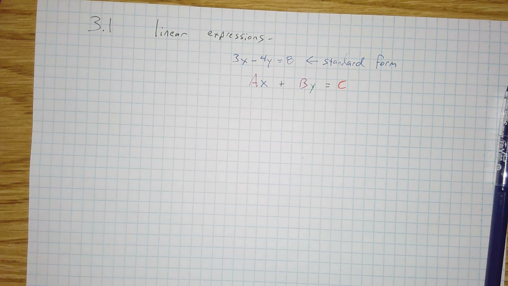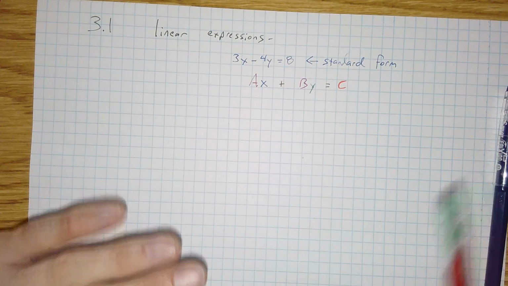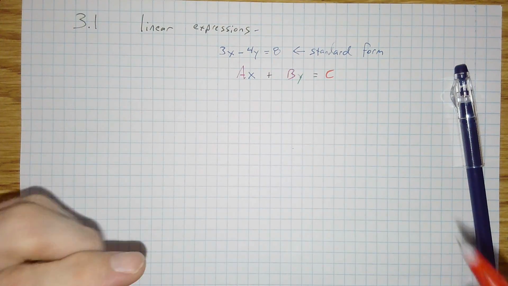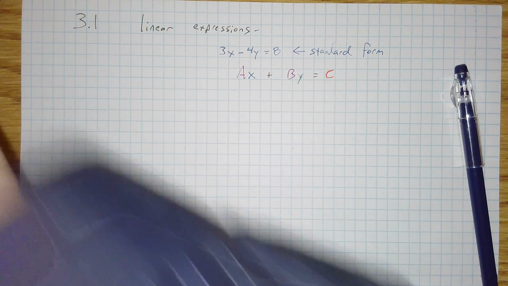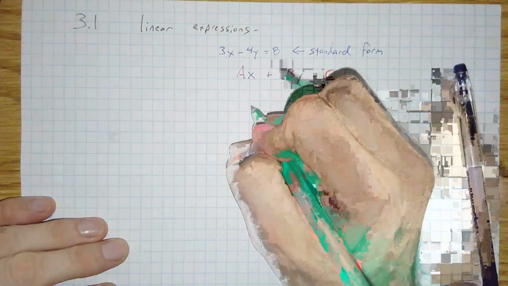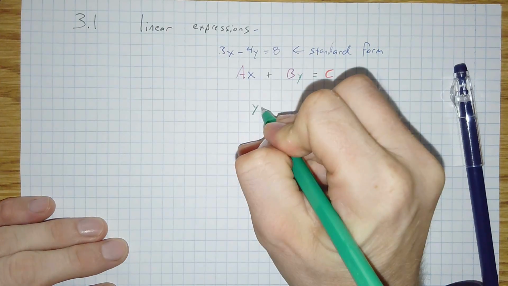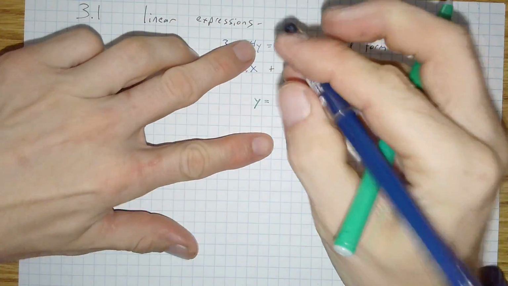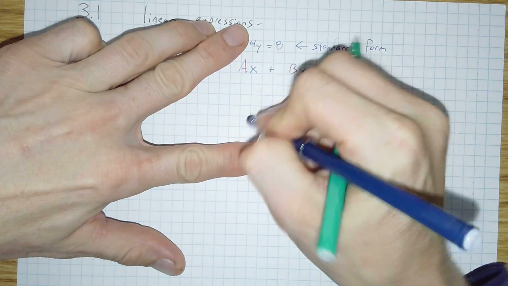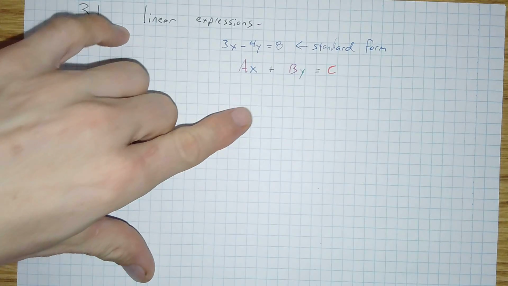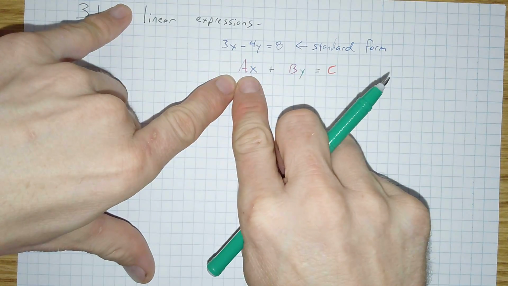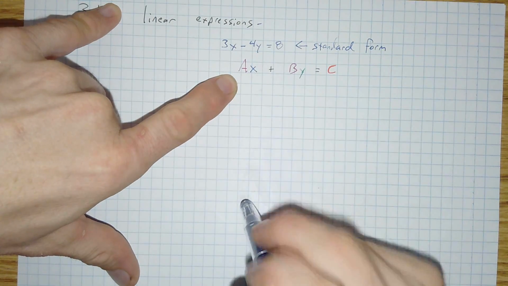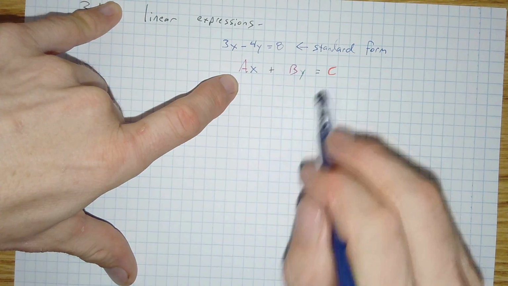Okay, so if I rearrange all this so that I have y equals, let me rearrange this algebraically. Let me subtract Ax from both sides.